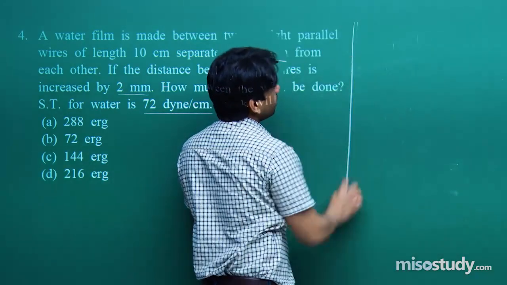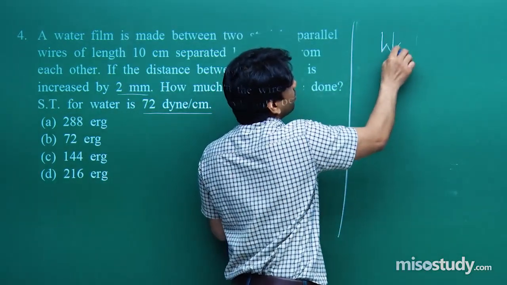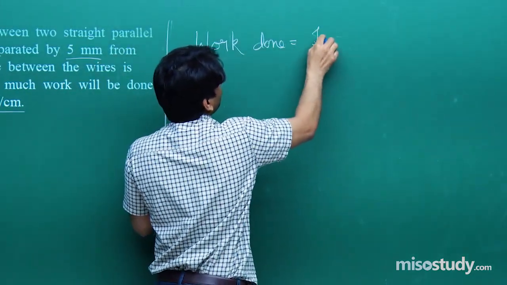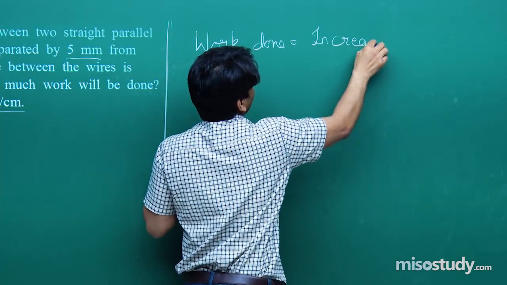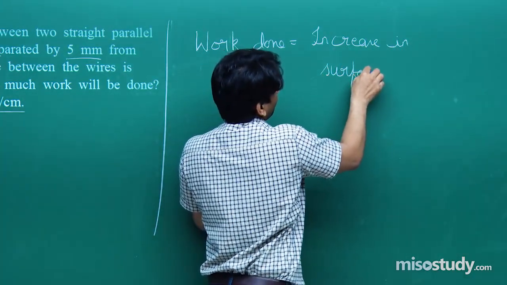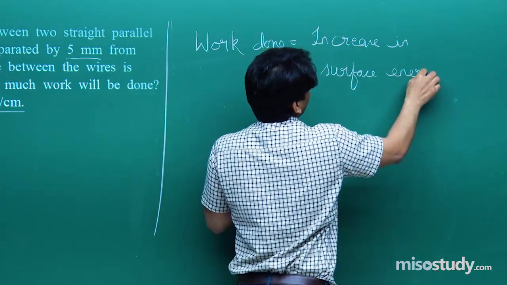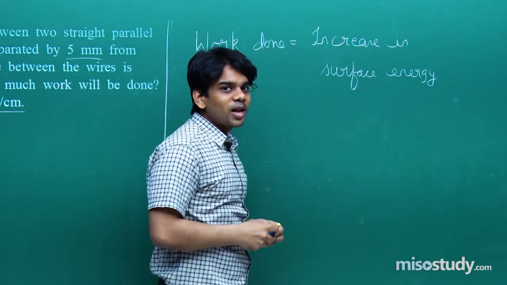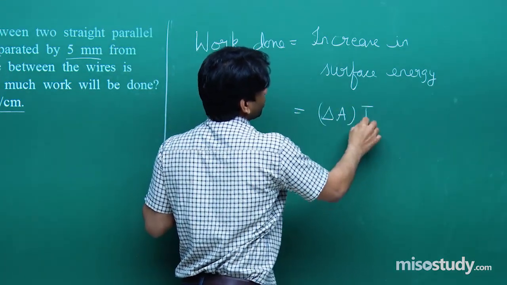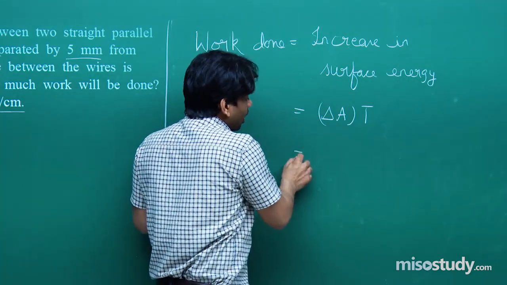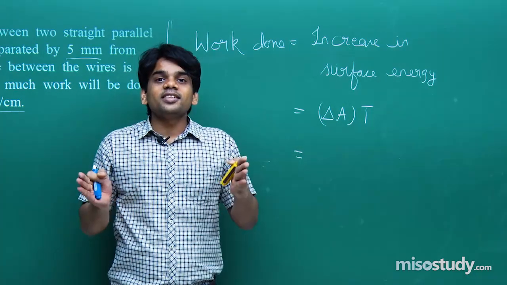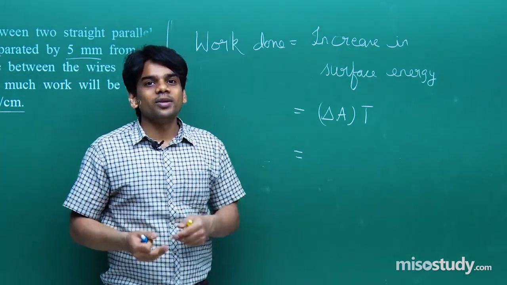Work done will be equal to increase in surface energy. So the surface energy increase will be equal to the increase in surface area multiplied by surface tension T. Now for the increase in surface area, since the wire frame is increased, there will be two area films on the wire.